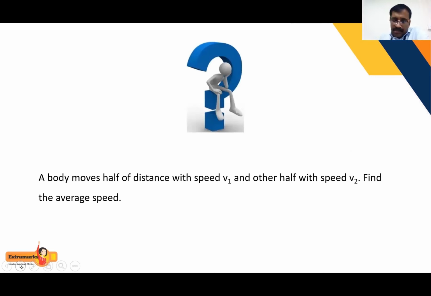Here it is very clear: a body moves half a distance with a speed v1 and the other half a distance with a speed v2, find the average speed. Understood? Whenever a breakup is given, please mind this, first you should write the V average formula. V average is S1 plus S2 by T1 plus T2.